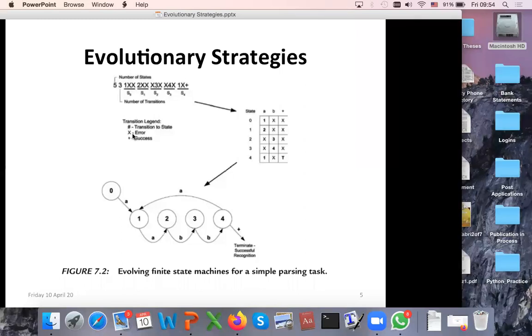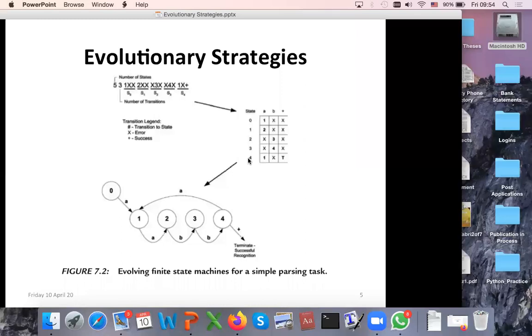If you apply some input here, then you will get an error, because there is no transition available there. Okay, finally, from S4, we can take plus, and then we can reach the termination condition, or simply the T mentioned in the transition.